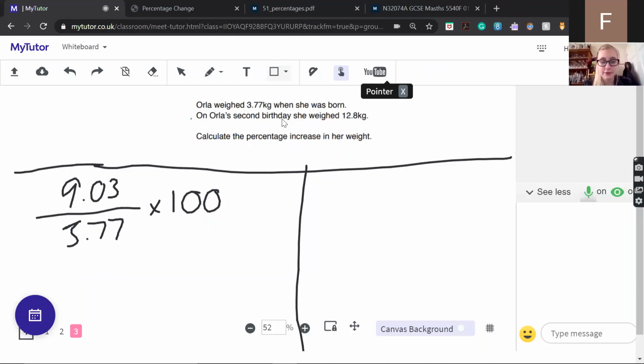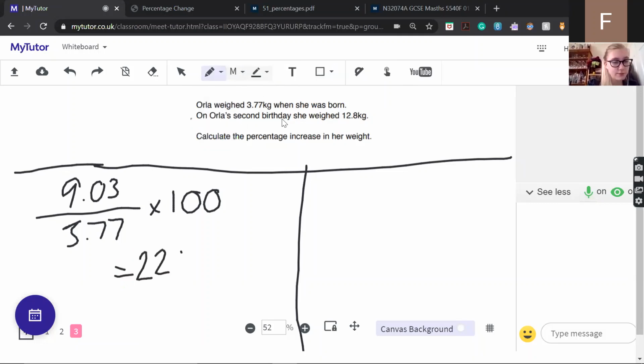And that's going to give us, I'm just going to do this to 2 decimal places, 239.52. So this is a plus 239.52%.